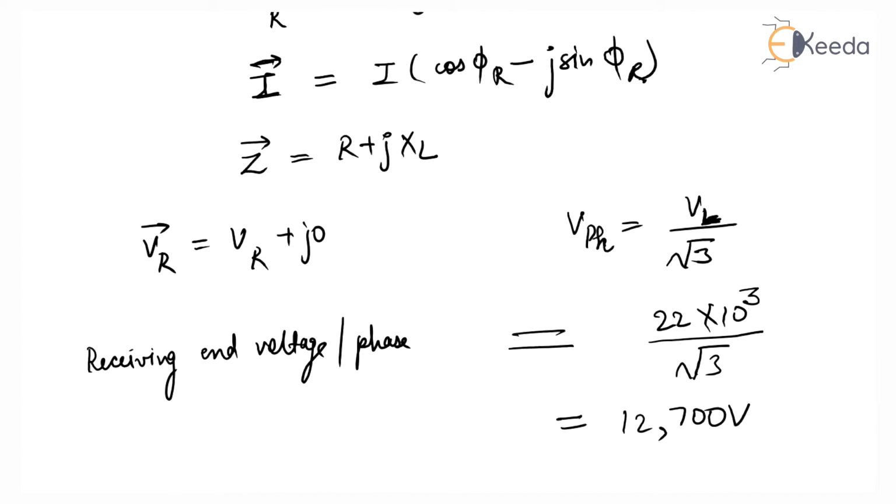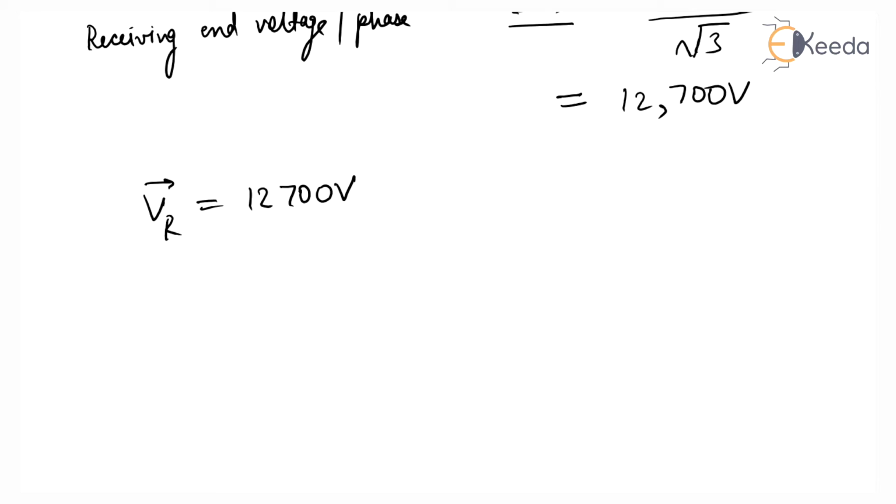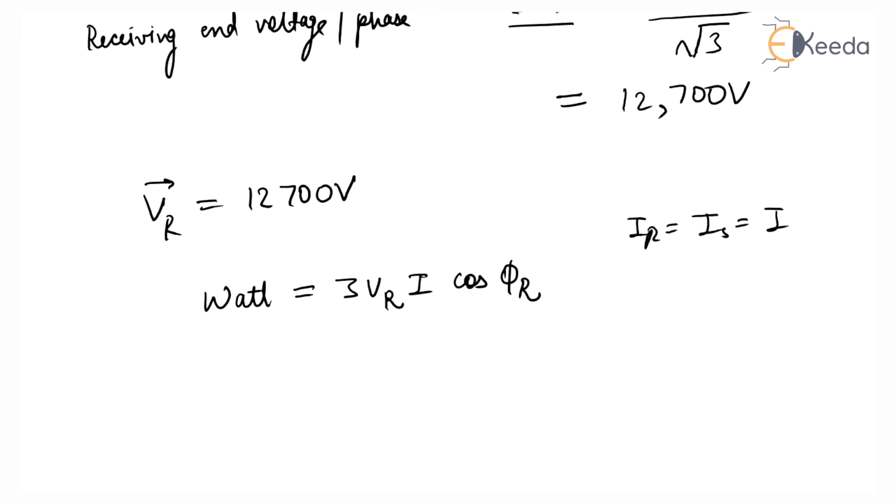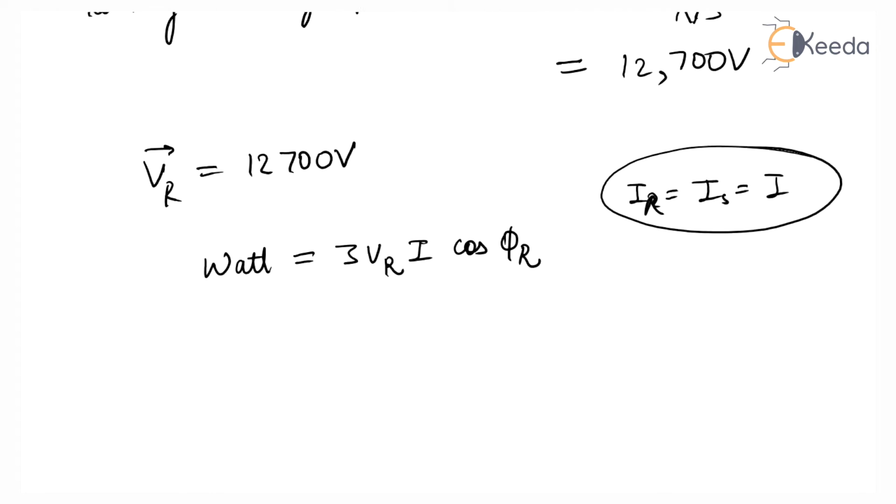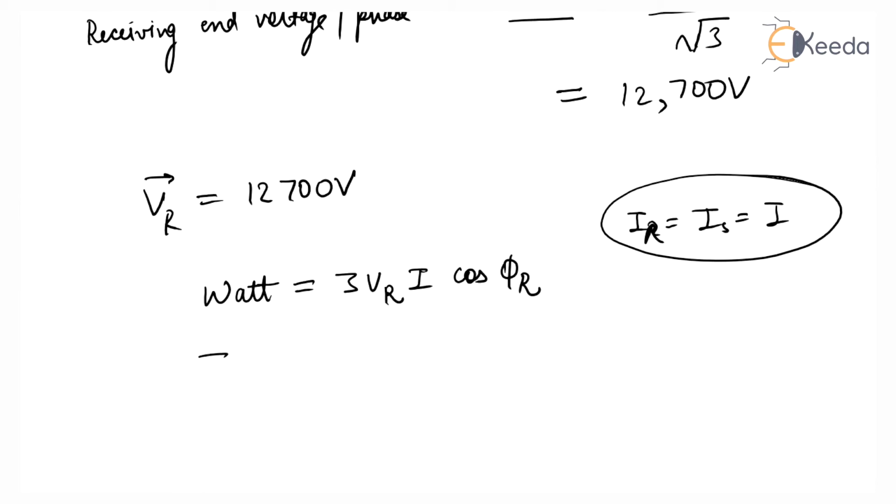Now we have to find the vector I. For that we need to find the line current. For three phase, we know power is equal to 3 VR IR cos phi r. And for a short transmission line, IS is equal to IR, which is equal to I. So I is equal to watt upon 3 VR cos phi r.